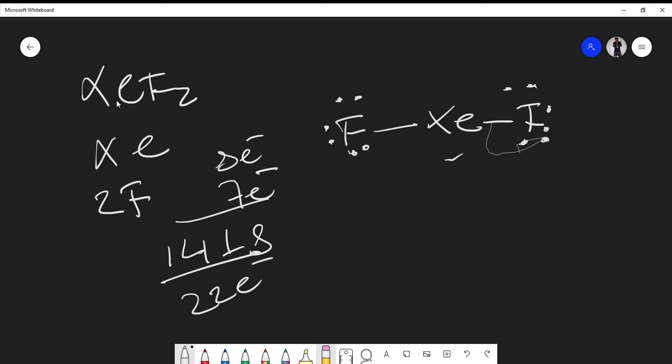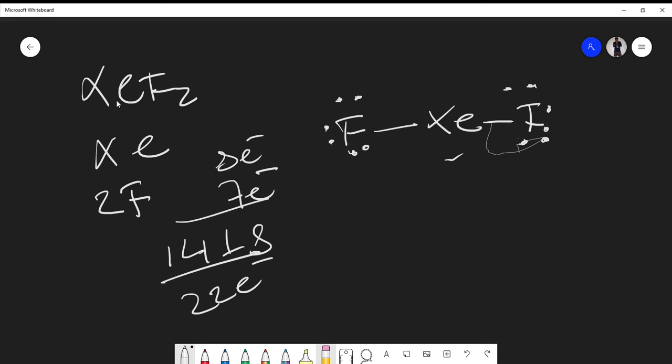It's kind of crunchy here, but you get the idea. This is 2, 4, 6, and then we have 8. So fluorine's octet is full on this side, and fluorine's octet is full on this side. How many electrons in total have we used thus far in the problem? We've used 2, 4, 6, 8, 10, 12, 14, 16.